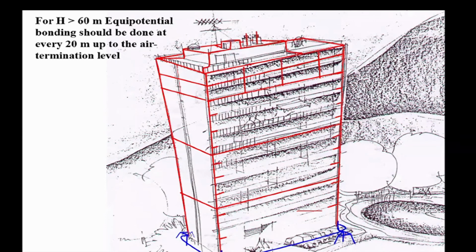At the top part of the building, in the rooftop, you have the air termination. Then up to 20% of the building height, you have a mesh. And below that, every 20 meters, there is a ring conductor. This is the typical practice that we adopt.